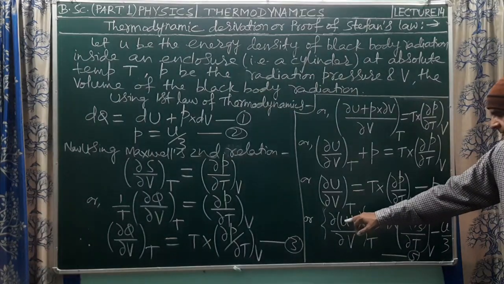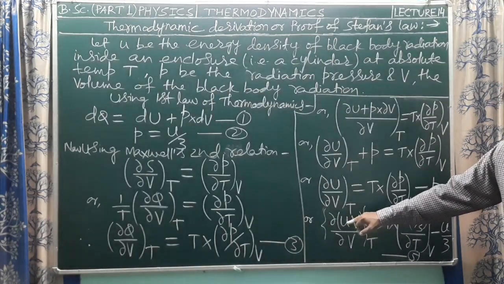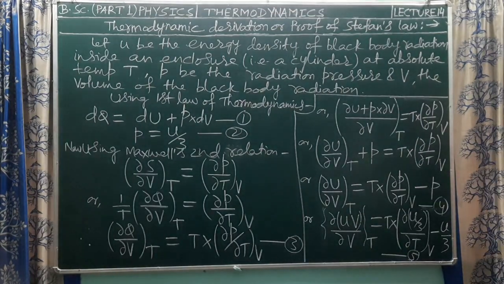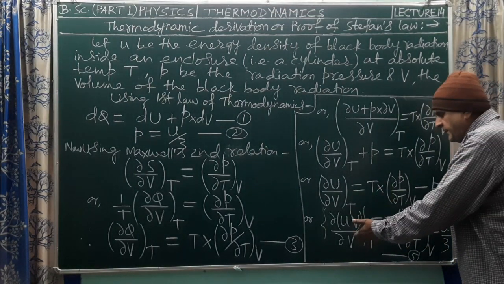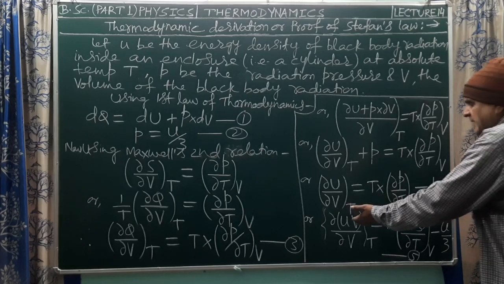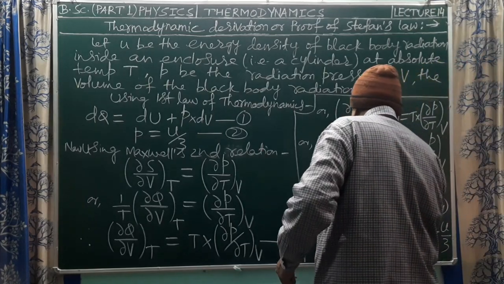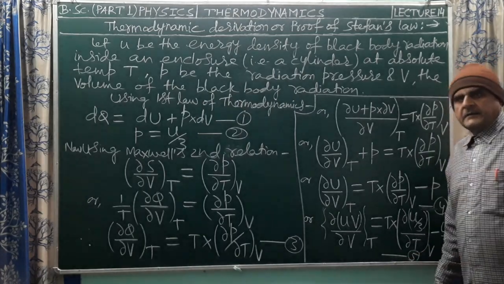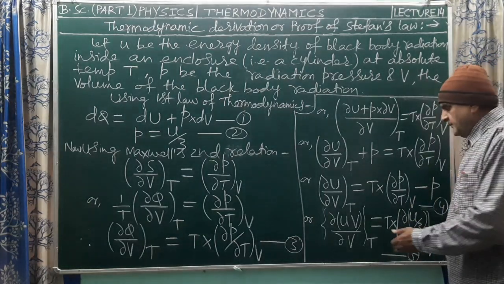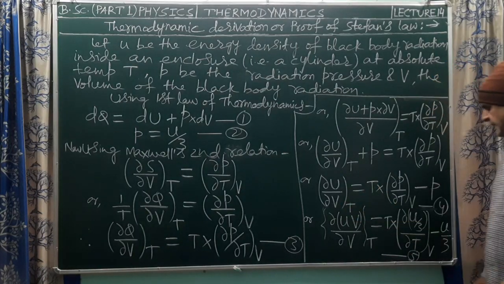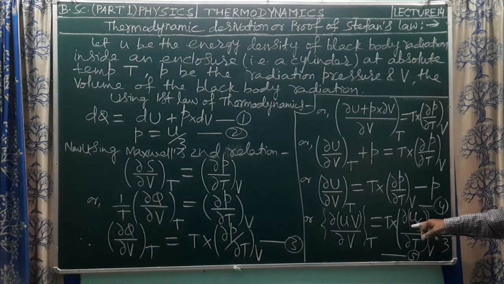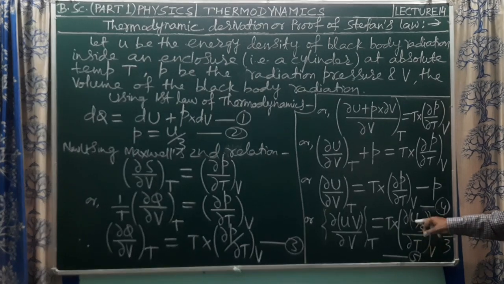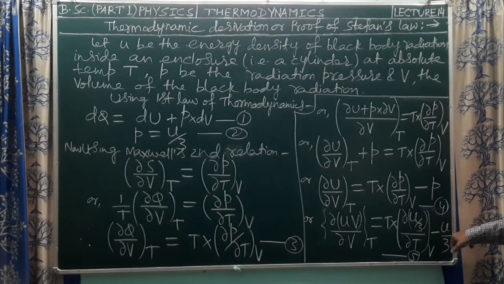So the LHS is now only a small u multiplied by del V upon del V, that is 1. Partial differentiation of volume V with respect to volume is 1. So the LHS is now only u, the energy density of the black body radiation, which is constant. And the RHS is now T upon 3 del u upon del T minus u by 3.